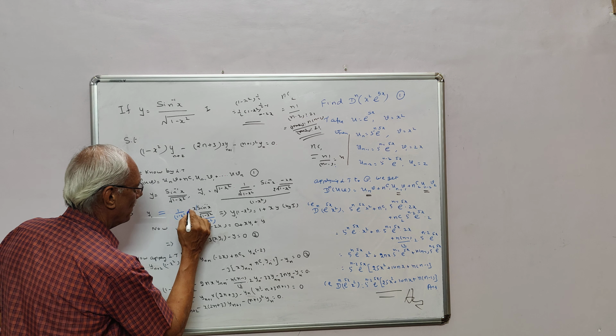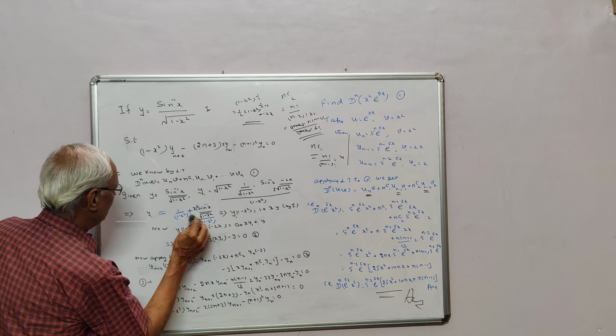So you see that here the square root of 1 minus x squared will come. So this is 1 by square root of 1 minus x squared plus x into sine minus 1 of x by square root of 1 minus x squared, whole divided by this.